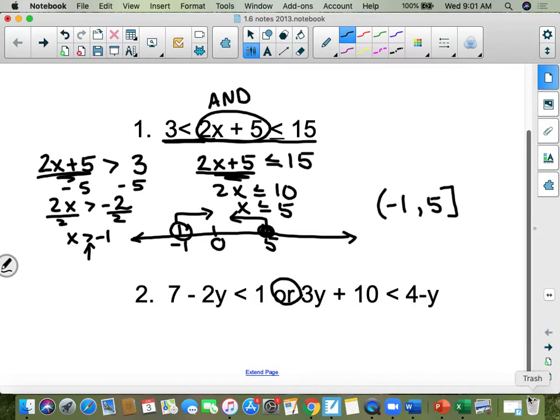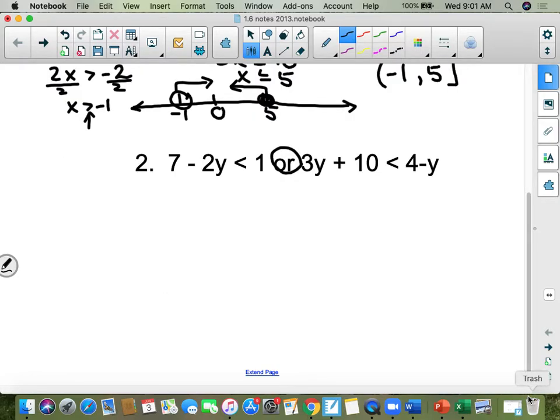Here, the next one. An or is already broken up for you, which is nice. All I have to do is solve for y, so I'm going to subtract 7. A negative 2y is less than a negative 6. Divide both sides by a negative 2. Y is greater than 3.